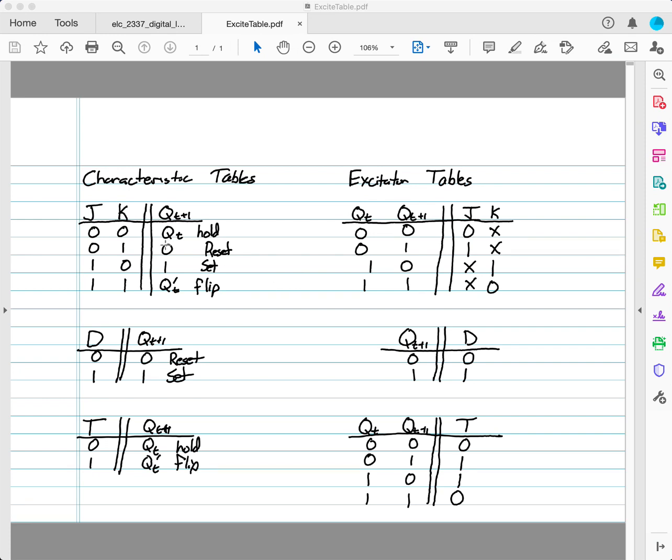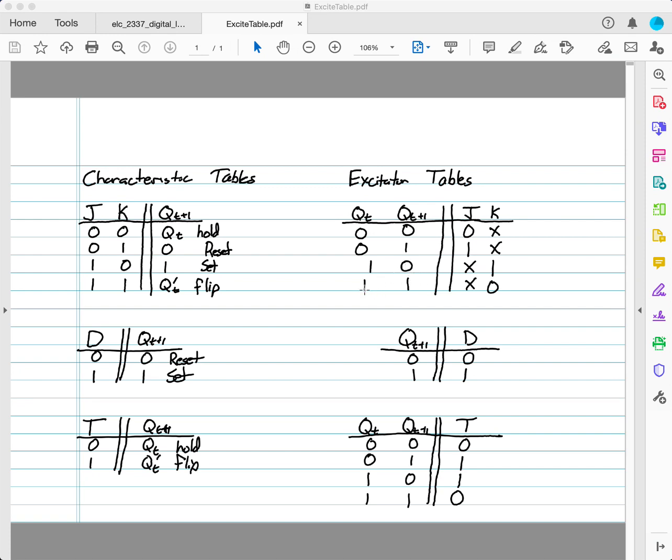Reset and flip both have K equal to 1, but they differ on J. So J could be either 0 or 1 to get either reset or flip, since both work. So I end up with X1 under JK. You can see J is equal to X, K is equal to 1, on the line where QT is currently 1 and QT plus 1 is 0.